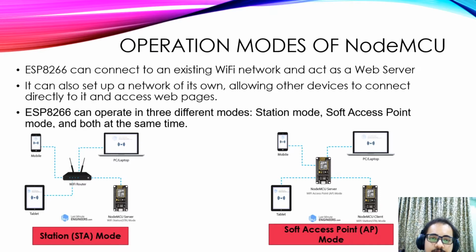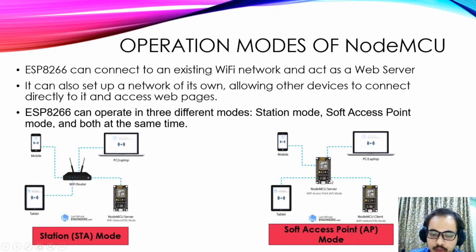It works as we can see here in STA mode, where we have the Wi-Fi router here and we have a NodeMCU server. This mode is used to connect the ESP8266 to the Wi-Fi network established by an access point.